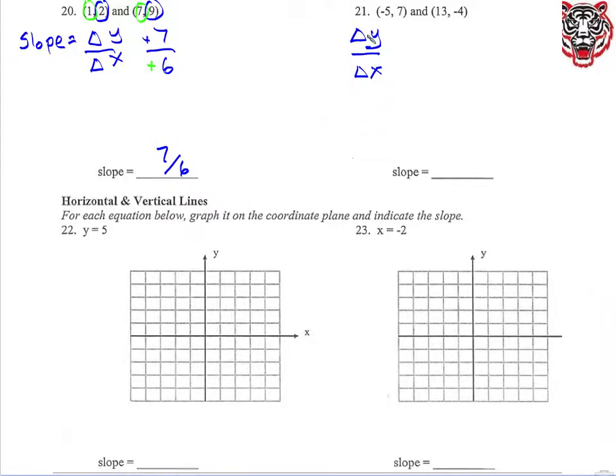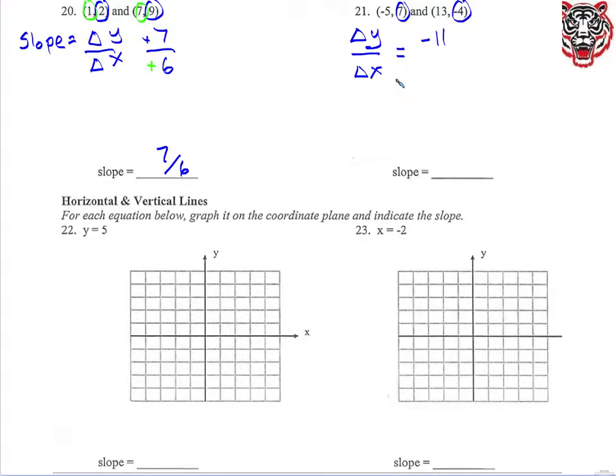We have the same slope formula for number 21. So the question becomes, how do I get from negative 5 to 13? Sorry, we're doing y's first, not x's first. So the question becomes, how do I get from 7 to negative 4? What do I have to do? Subtract 11. So what's 7 minus 11? Is that negative 4? No. What's 7 plus 4?